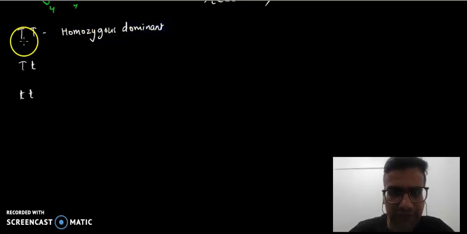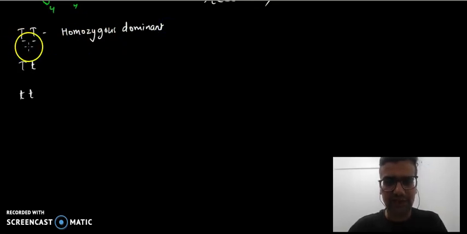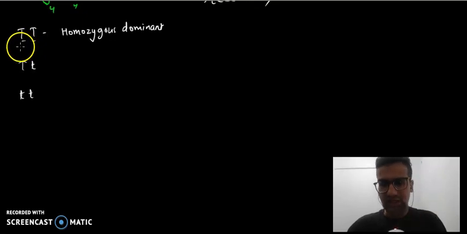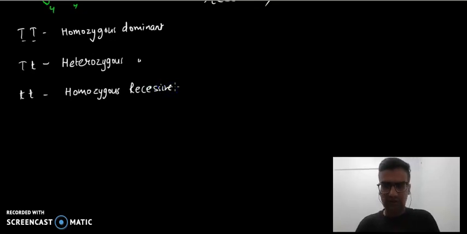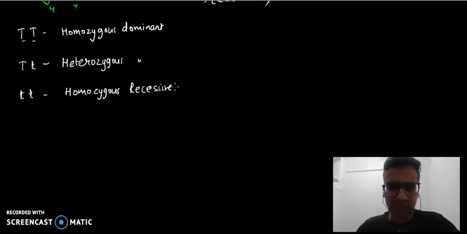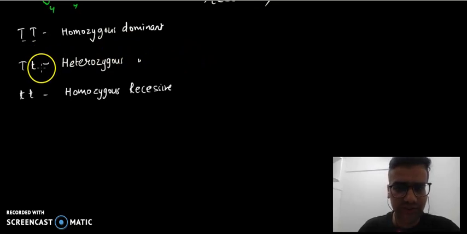Homozygous dominant is a condition in which both genes are present in its dominant form, that is capital T, capital T. The other could be heterozygous dominant, and the last is homozygous recessive. So it depends which type of genotype is present in the plant.